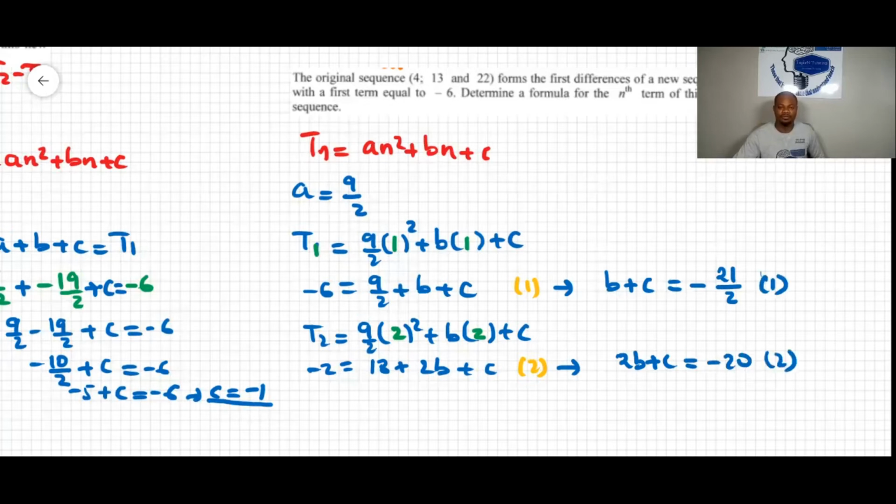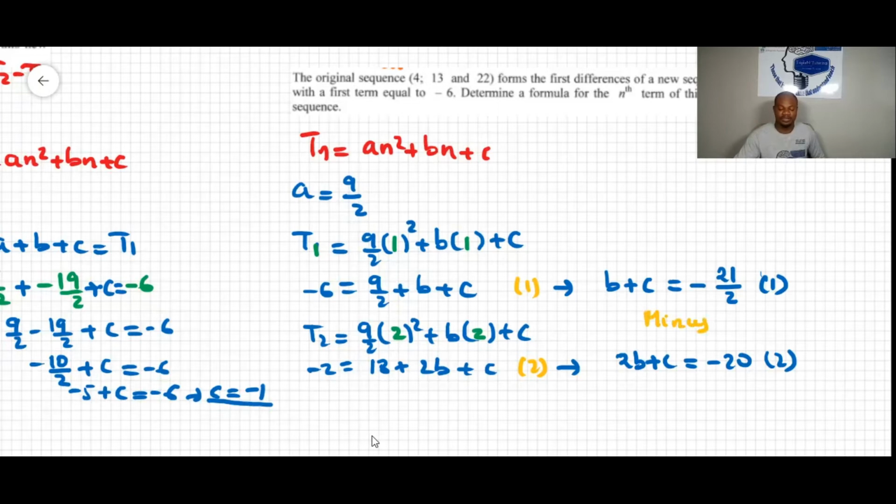Now we work out these two equations simultaneously: equation 1 minus equation 2.